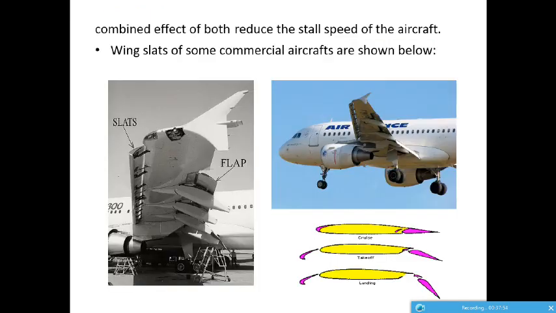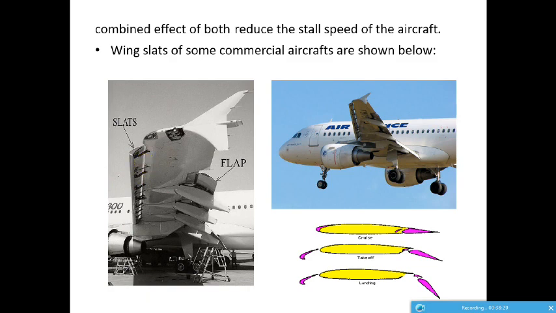So this is flaps and slat devices in, I think, a passenger aircraft, maybe a Boeing or some other such aircraft. These are slats, which are usually present at the leading edge. As you can see here, when the slats are deployed, it creates a slot here. We will discuss the function of these slots in later slides.